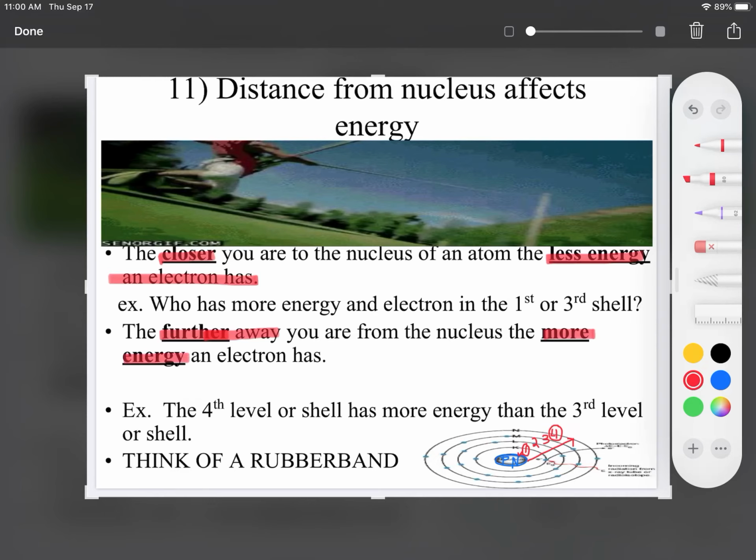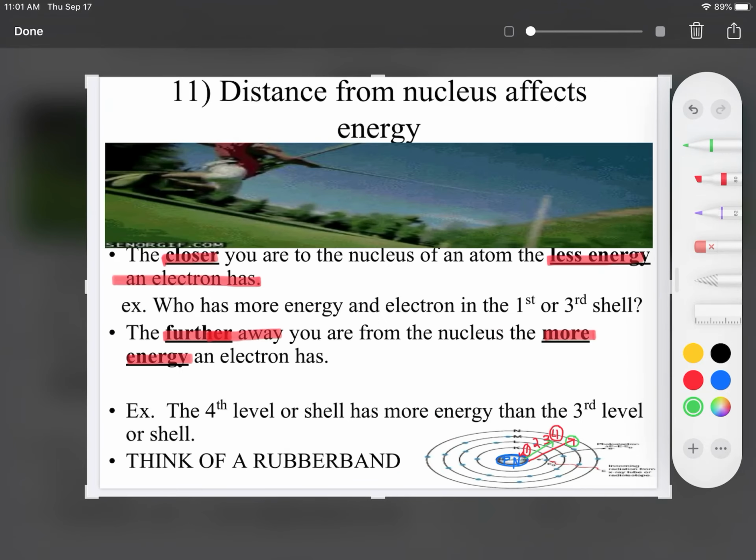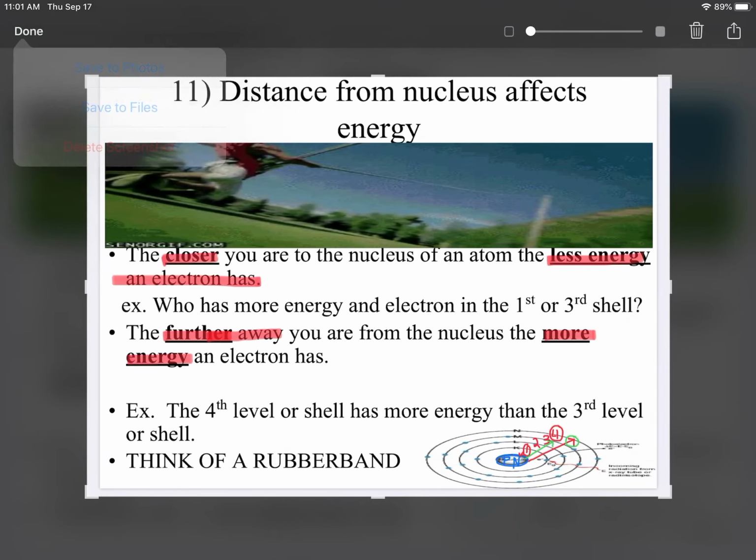So here's the example: the fourth level or shell has more energy than the third level or shell. Isn't the fourth one further away than the third one? Here is the third, there is the fourth. So the further away you are from the nucleus, the more energy you have. Okay, let's move on.